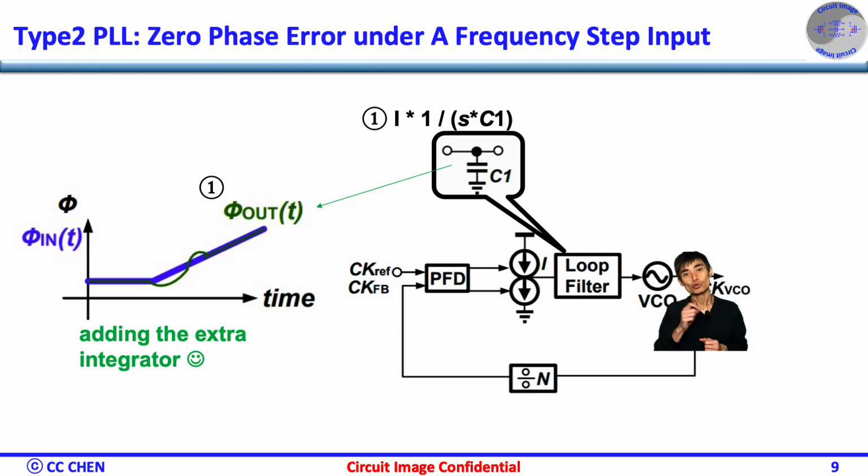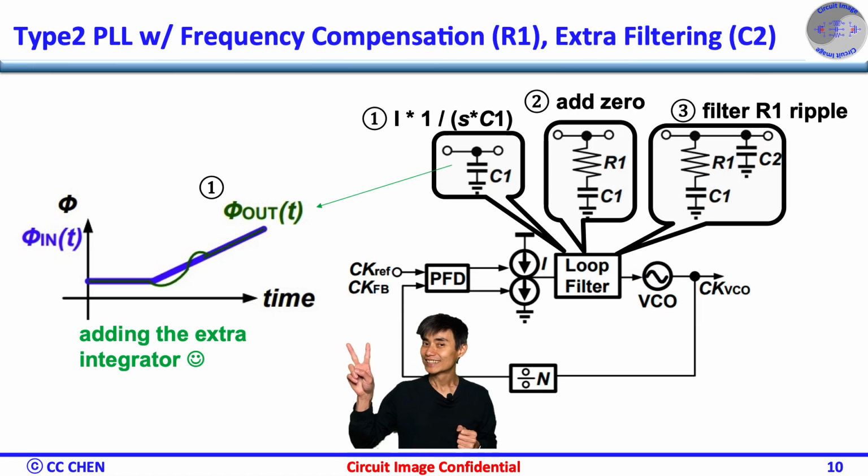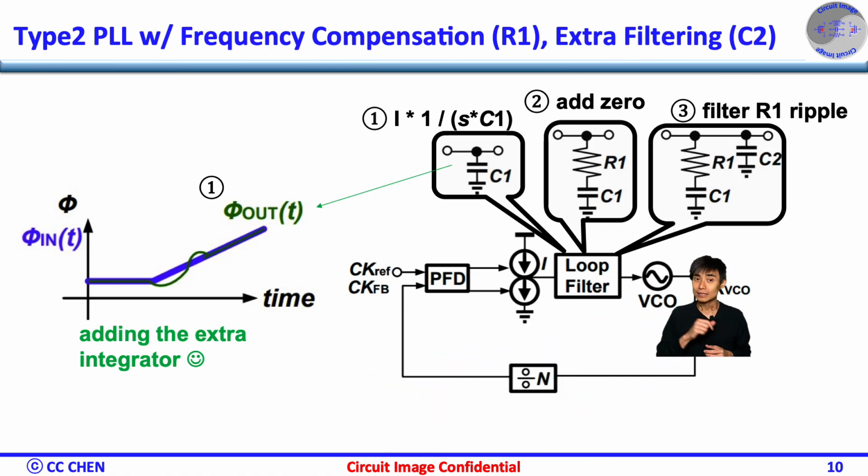Now, do you see any extra issue with 2 integrators? Correct. The 180 degree phase shift will cause the PLL to become positive feedback and oscillate.